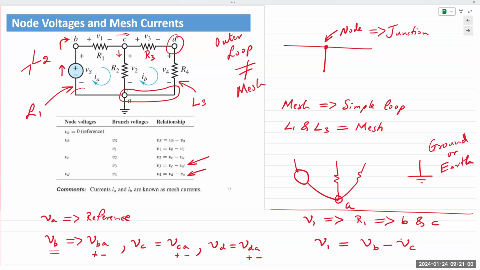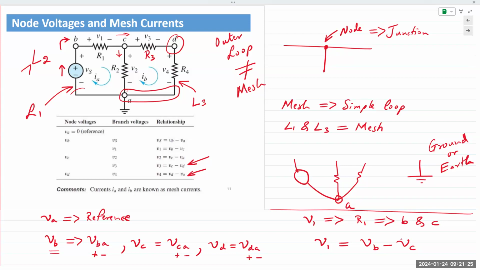Sure. So the question being asked is, why did we choose A as a reference? Several reasons. One of the first is, if a node is connected to one end of a power supply, you automatically have the value for the other end of the power supply.